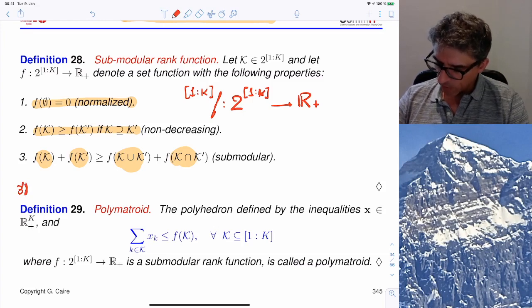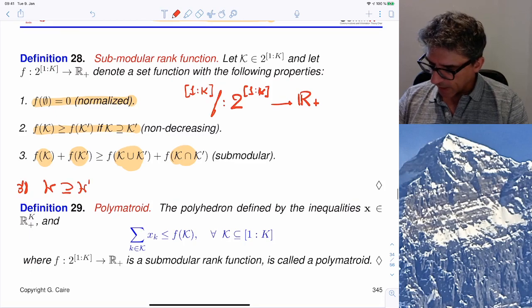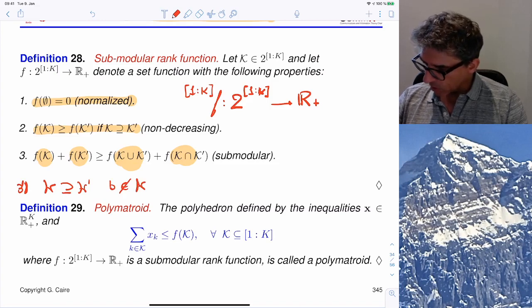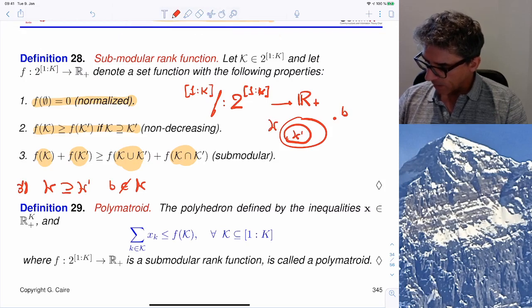Suppose that you have two sets, k and k prime, with k bigger than k prime, and then you have another element, let's call it b, that does not belong to set k. So in other words, you have a set k, a subset k prime, and then you have an external element b.